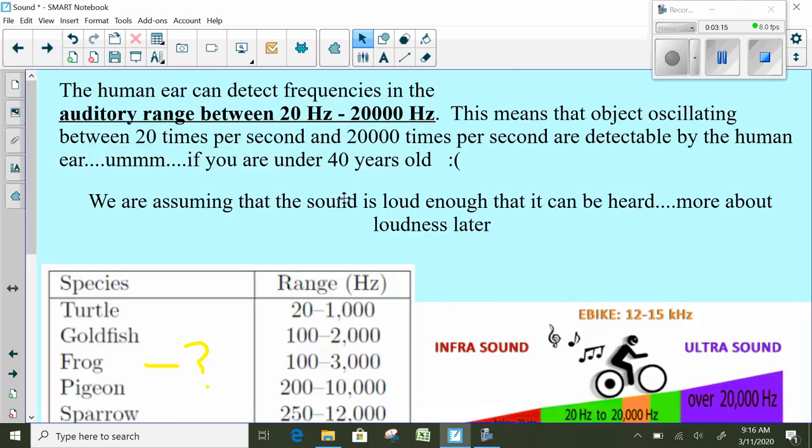Now, this is kind of a little factoid. I'm not sure if you really need to know it, but most human beings can hear waves with a frequency between 20 hertz, so if something oscillates 20 times per second, you can hear it maybe, and if it oscillates back and forth 20,000 times, you can hear it. So this would be a very, very low frequency note, something rumbling, like a truck going by.